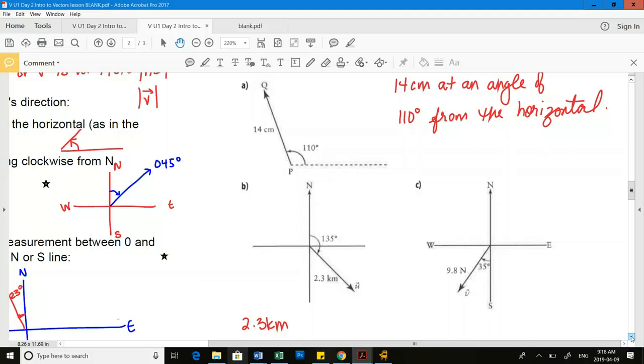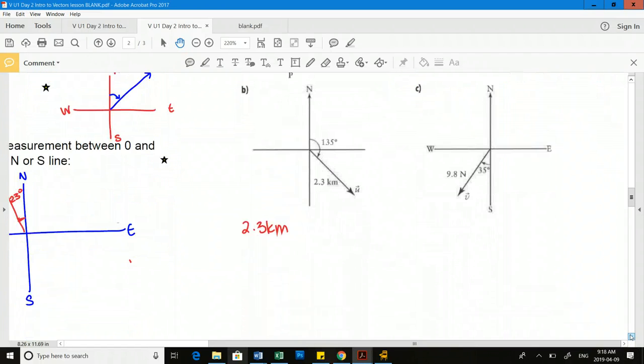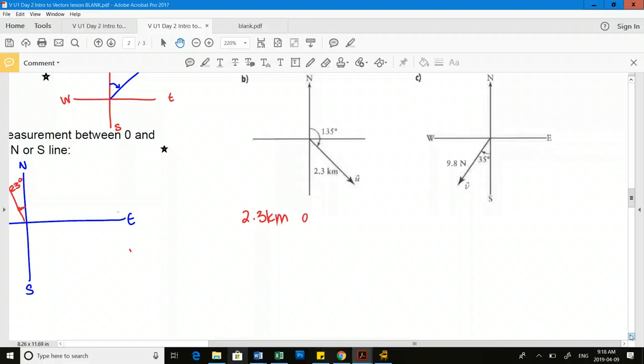If you just see at a bearing of 135 degrees, because we don't have the north and south in that, we kind of assume that it is true bearing. So we would actually normally just say at a bearing of 135 degrees. So when we see bearing, we're going to assume it's true bearing.